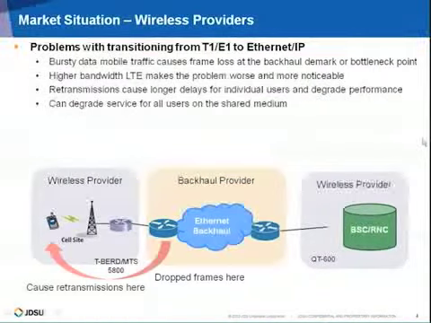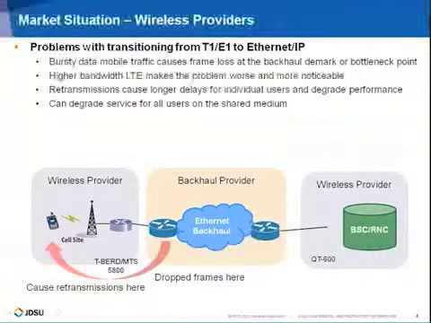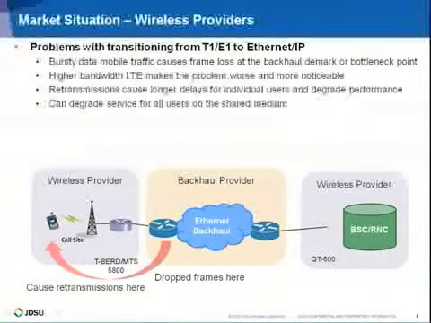Another key point that wireless providers are taking into consideration is that their bandwidth and their wireless spectrum are a very valuable asset for them. They don't want to waste any of that bandwidth or spectrum doing a lot of retransmissions because of frame or packet loss.